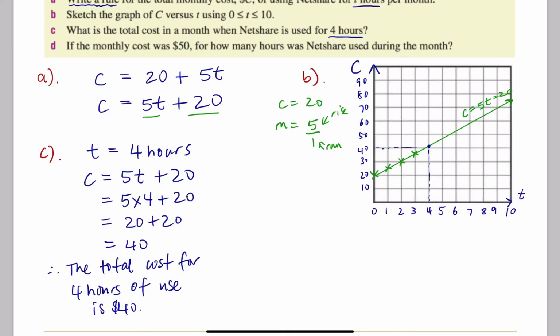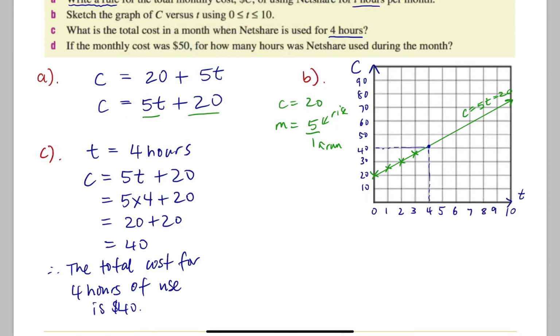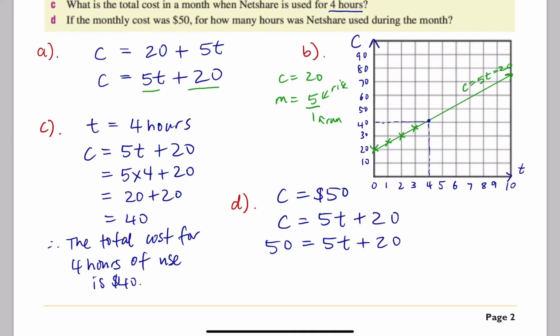Okay, now last question. I'll do D here. If the monthly cost was 50, so we're told that the cost is 50, for how many hours was NetShare used during the month? Write down my rule again. C is equal to 50, so that's where 50 goes. Now this is an algebraic equation you know how to solve.